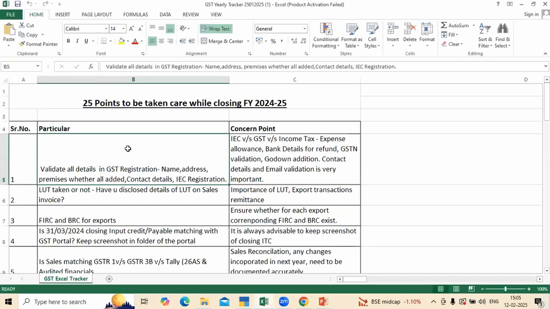Many times in monthly work, it is possible that we have changed our business premises or our address. Section 16 of the GST Act says that whenever you make any changes in your registration, your invoice should be updated with that address. See, I purchase goods from Mr. ABC, and he gives me supply at my X address.